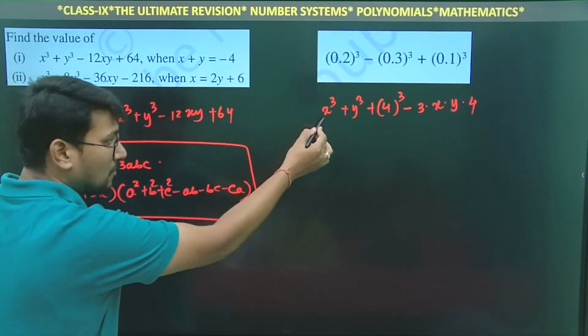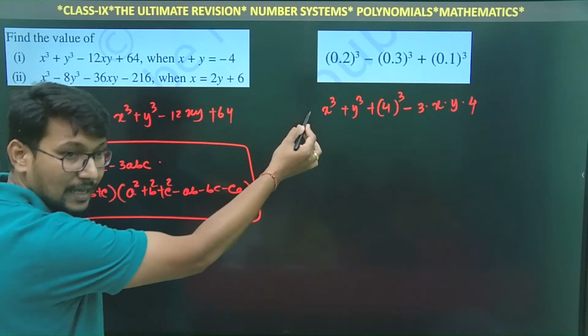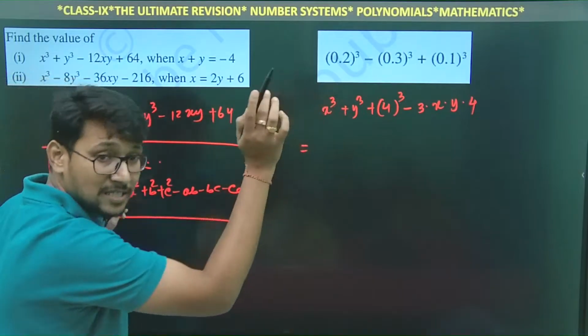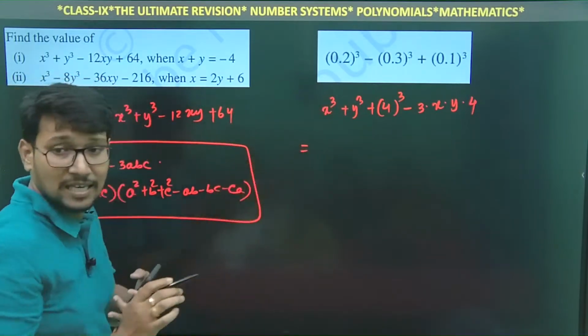Here in place of a there is x, in place of b there is y, and in place of c there is 4.